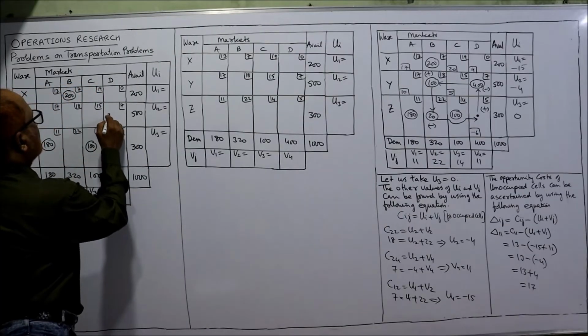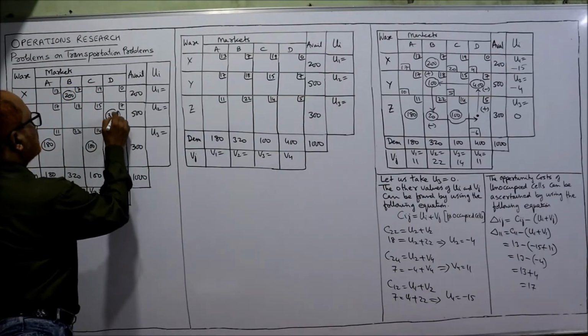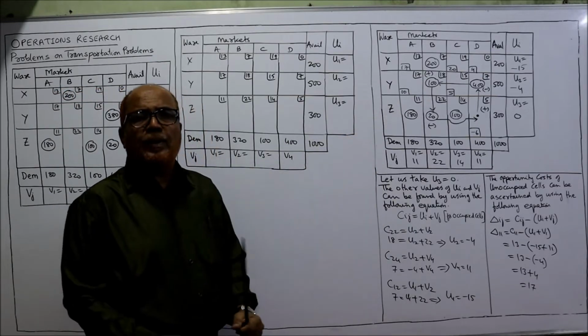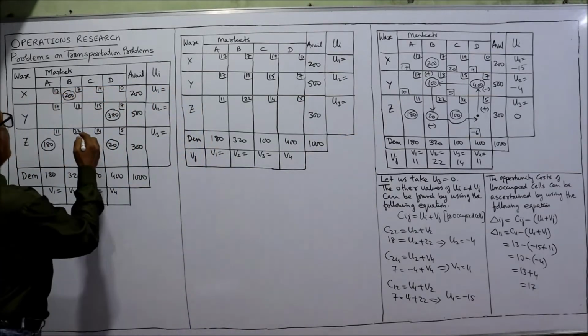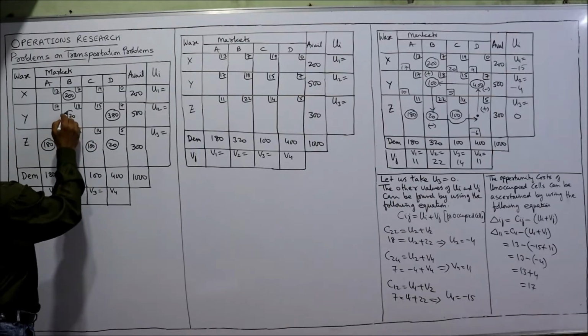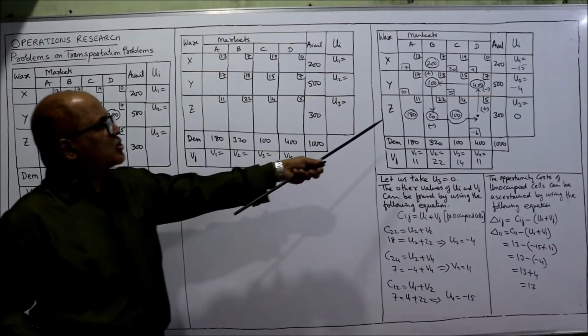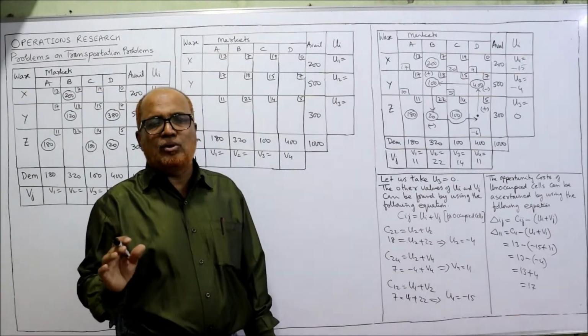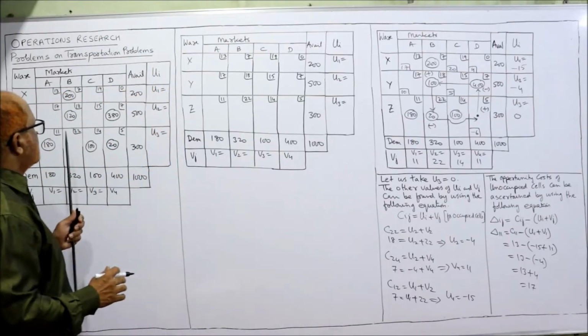So here I am taking 380, right? Then here the 100 plus 20 will become 120. So here it will be 120, right? Here it was 20 earlier. Now 20 minus 20 will become 0. So no allocation in this cell.